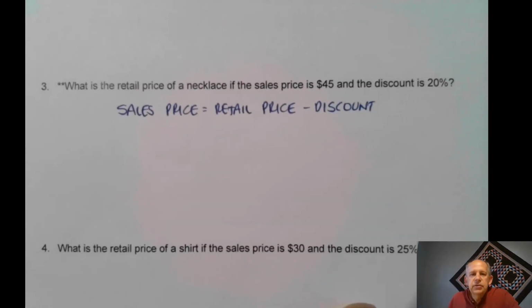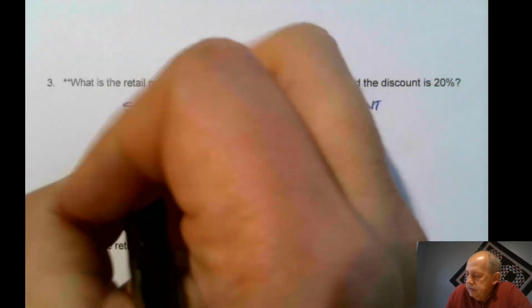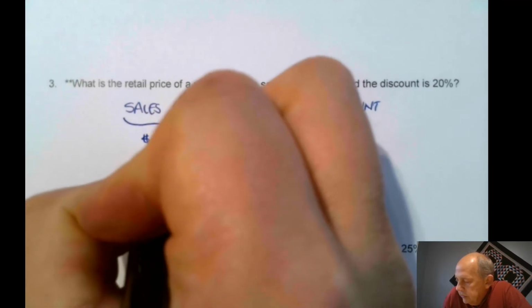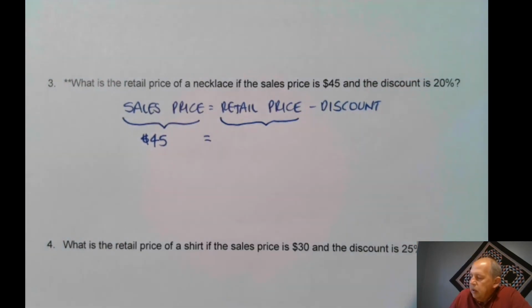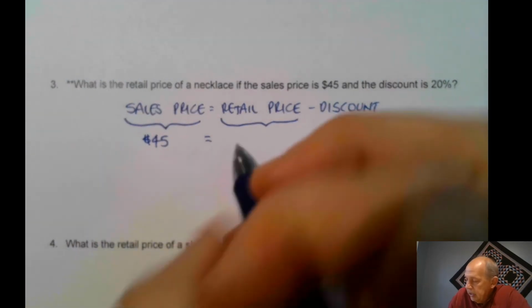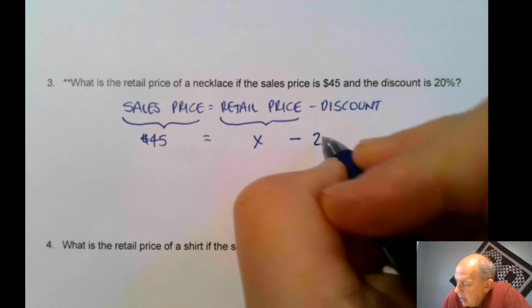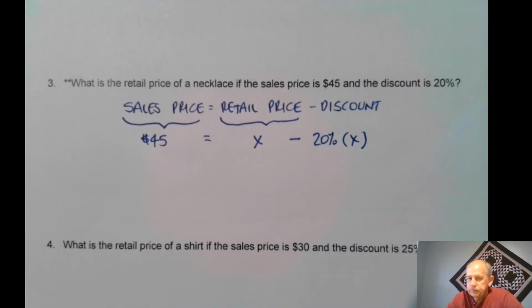Let's skip on down to number 3, because this one is where we're going to work a problem backwards with the sales price formula. So here we have a necklace. We know that it is on sale for $45. The retail price of the necklace is what I'm looking for before it went on sale, and I know it was discounted 20% off.